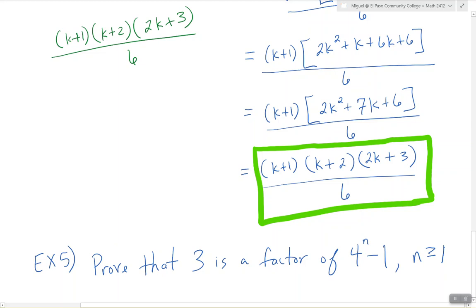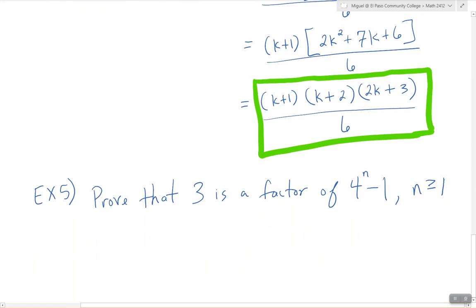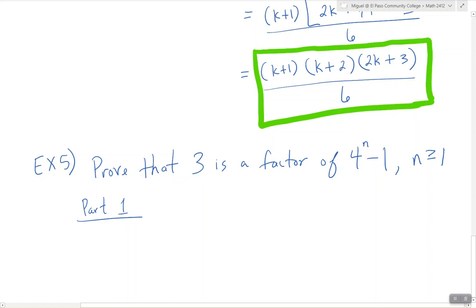So let's start with the base case, which is the easiest step. Part 1, or sometimes they call it step 1.